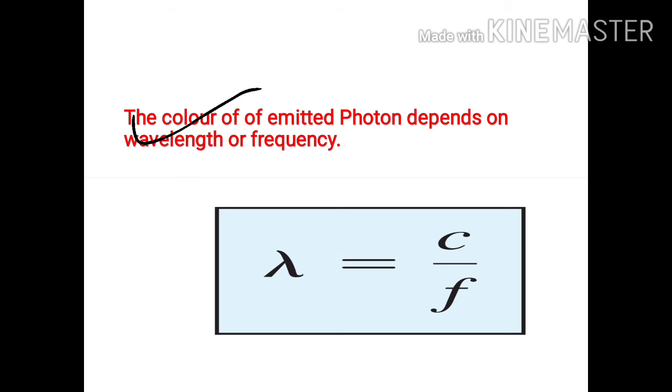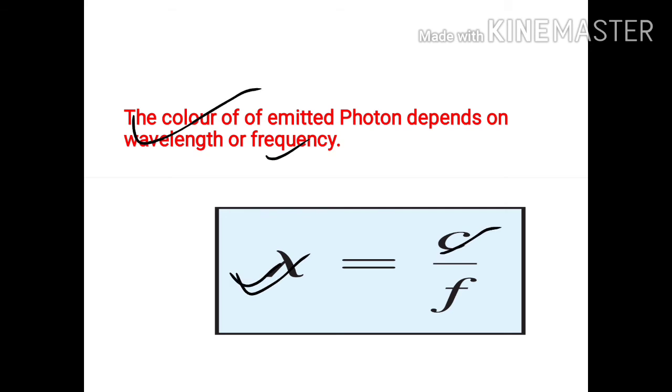So the color that we will get from the LEDs will be different, and that will depend on the wavelength or the frequency of the emitted photons. So this is the relation of the wavelength and velocity.